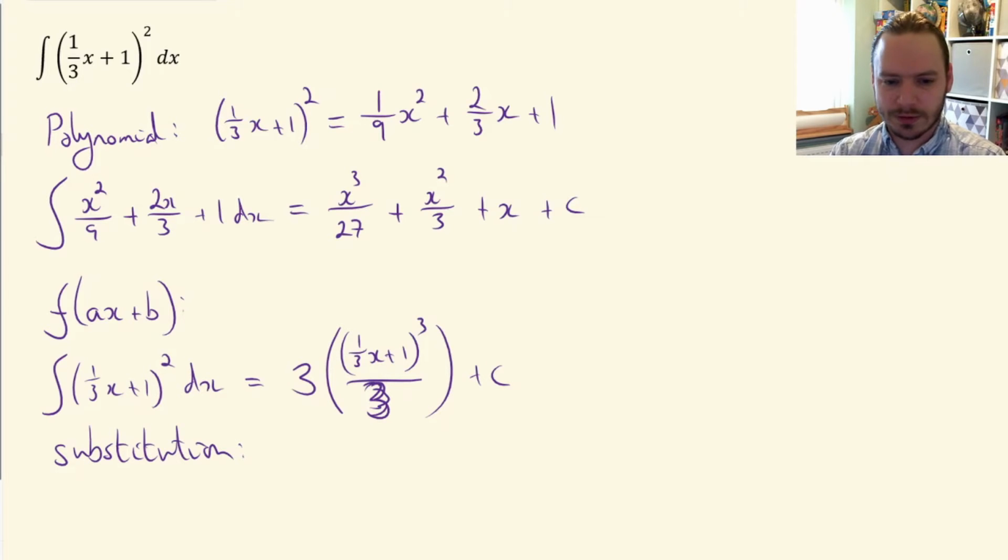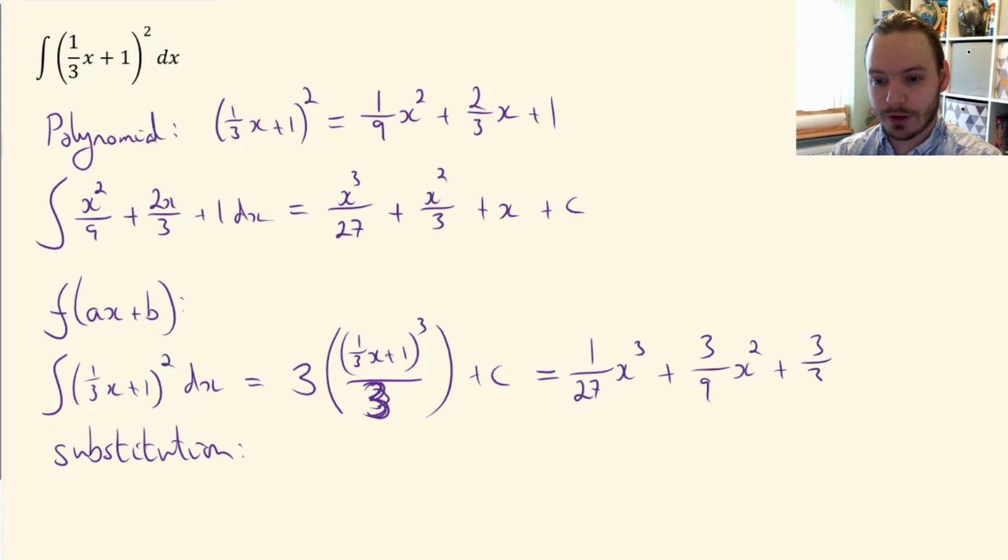And this could do with a little bit of tidying up. Obviously the times by 3 and divide by 3 cancel. So actually I just need to expand this cubic, and that's going to give me 1 over 27 x cubed plus 3 lots of 1 over 9, so 3 over 9 x squared plus 3 lots of 1 over 3x, so 3 over 3x plus a 1.